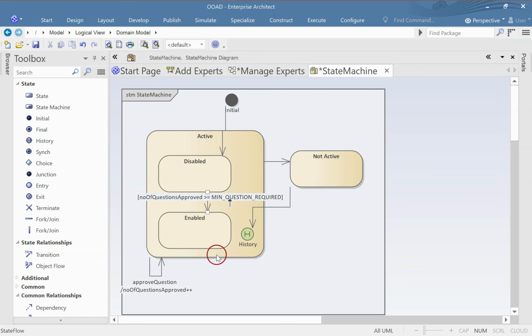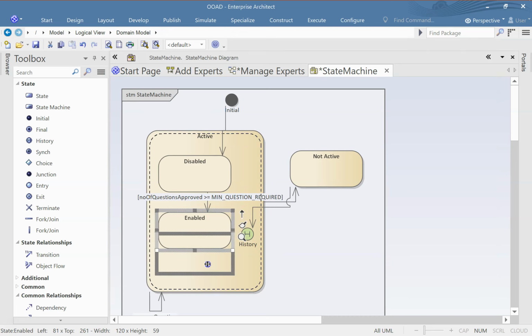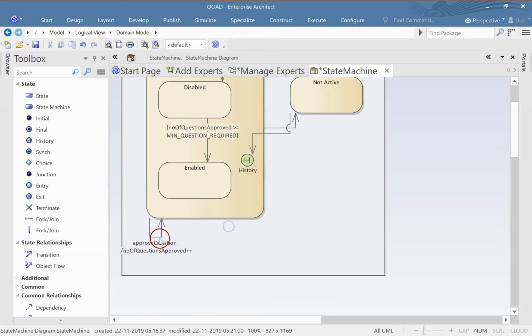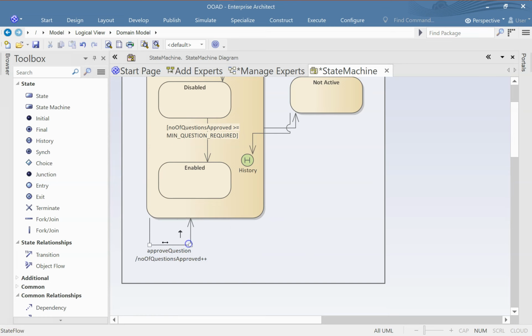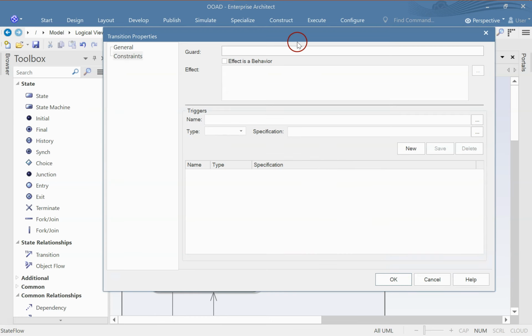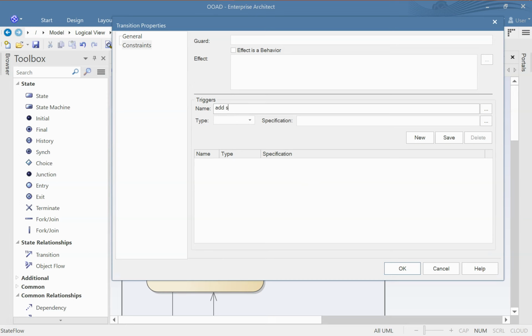Whenever this condition is satisfied, only then it will go from disabled to enabled. So remember, this event is being shown on the superstate. That means it is applicable in all the substates as well. Okay. Now, what event will trigger this transition? Add subject. Yes. Add subject.